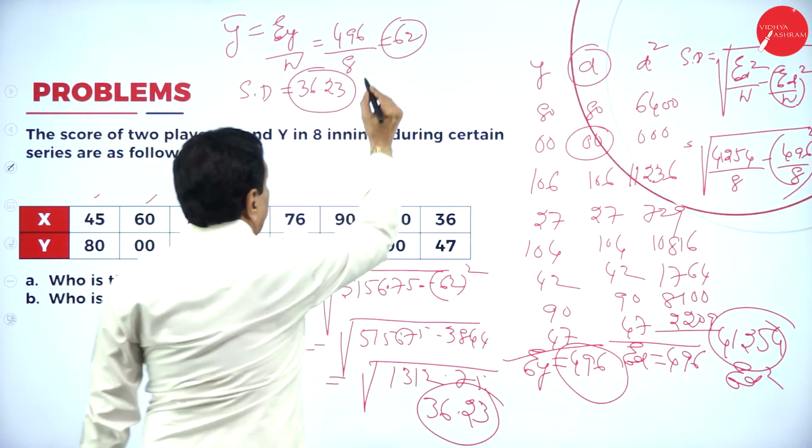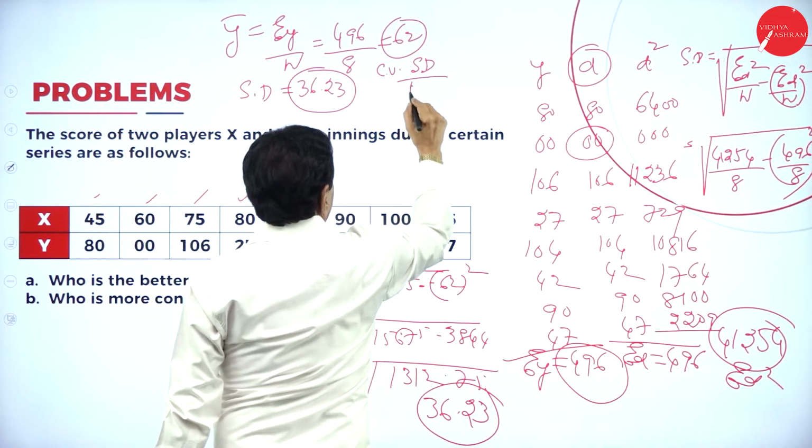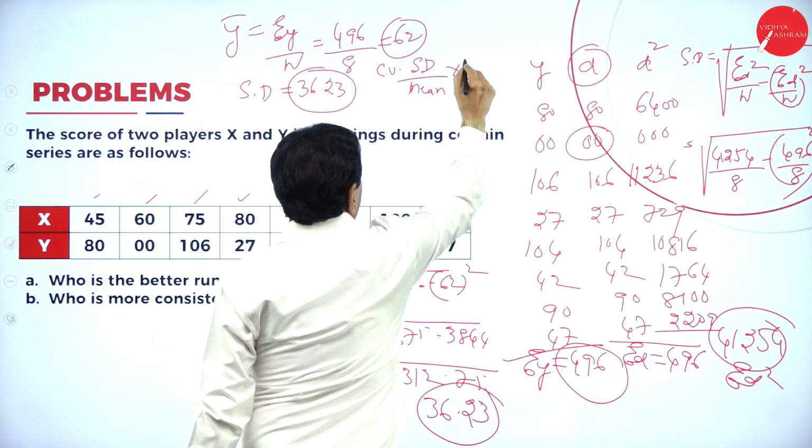Apply the formula: CV is equal to standard deviation divided by mean into 100.